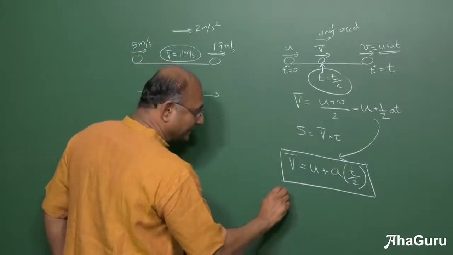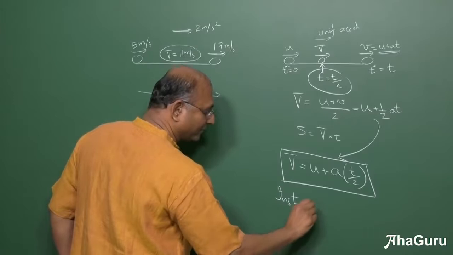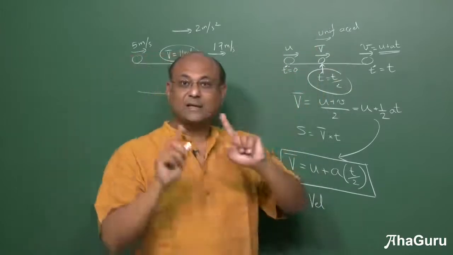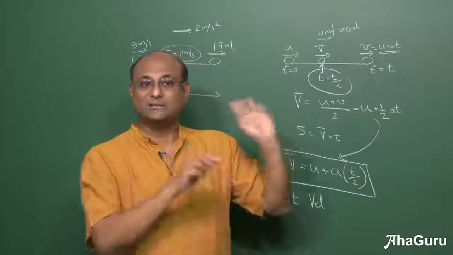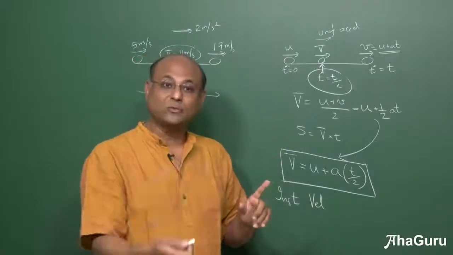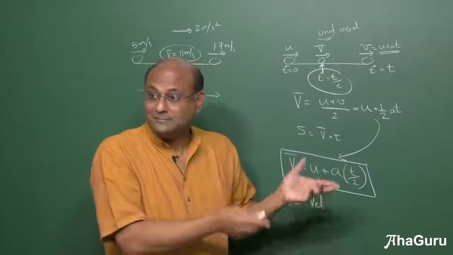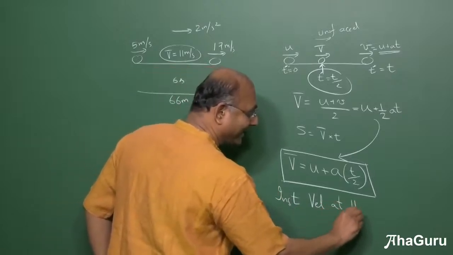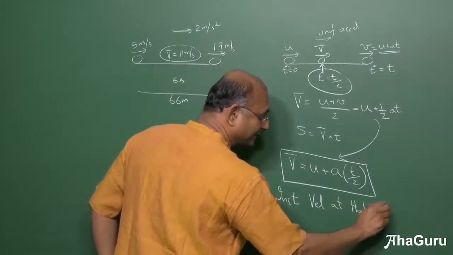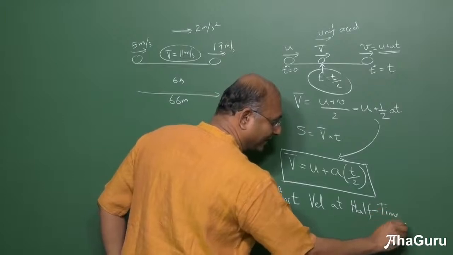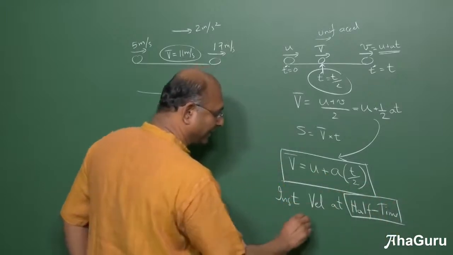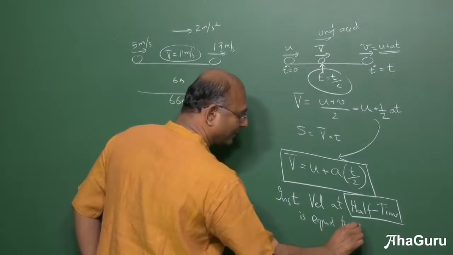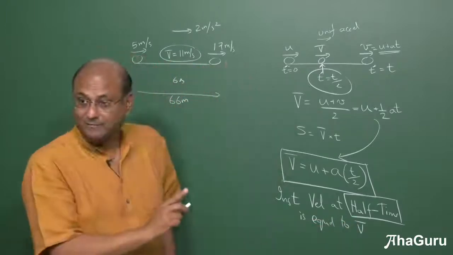So instantaneous velocity, and by the way, all this u, v, etc., everything that you have in every formula is instantaneous velocity. V square minus u square, instantaneous velocity. There are no formulas with average velocity, but instantaneous velocity at half, please notice this, it is half time, not half distance, is equal to average velocity for the entire period.